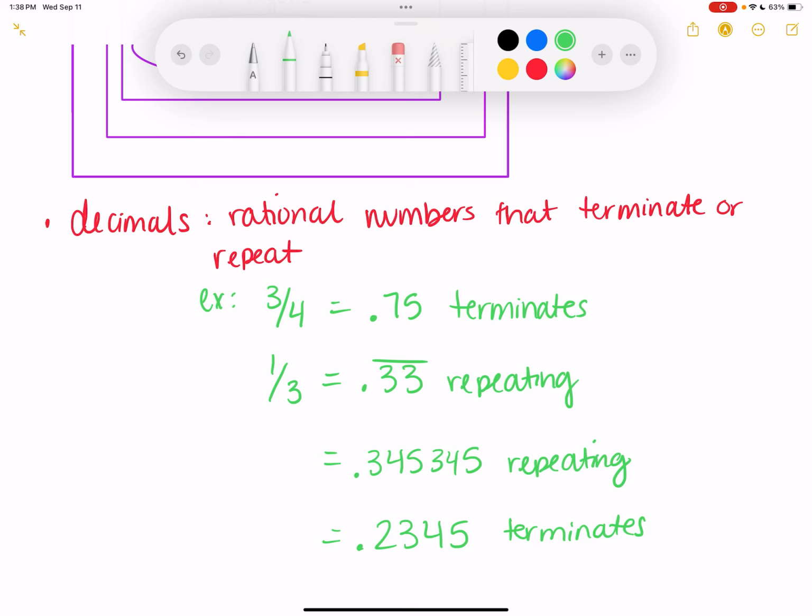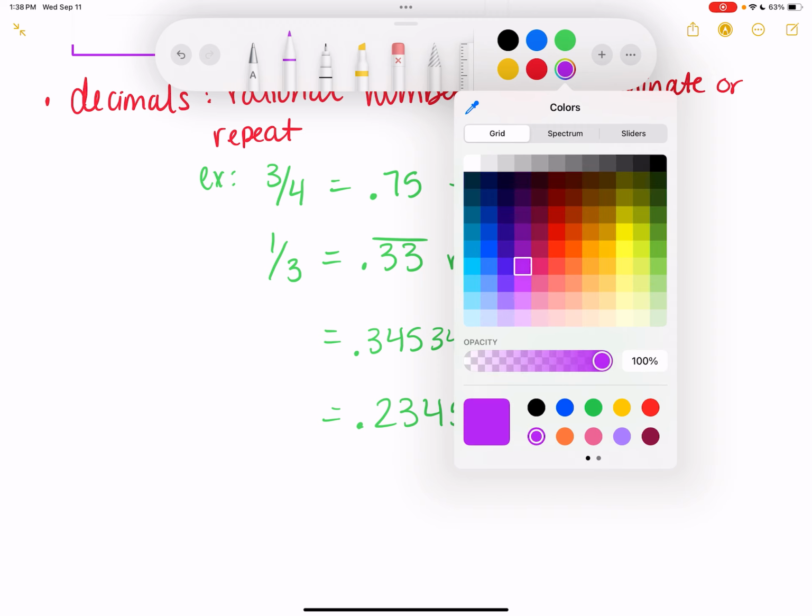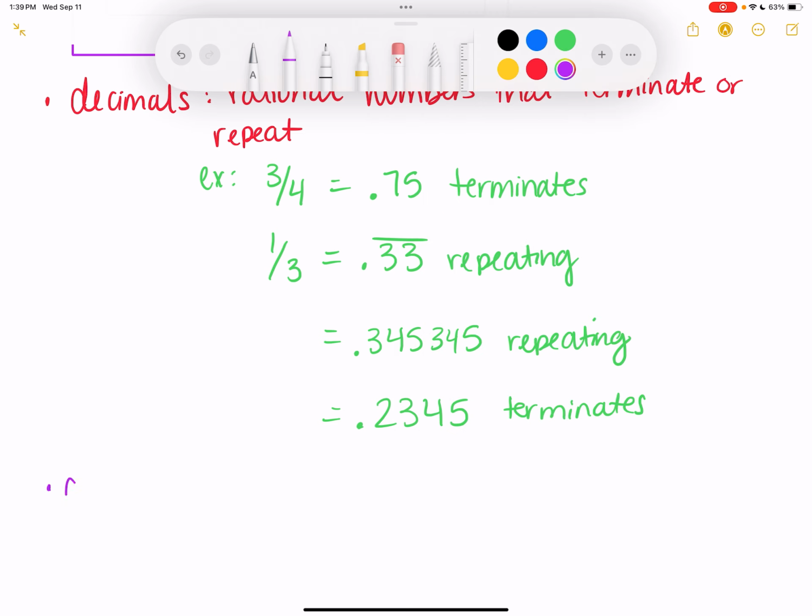What else? Absolute value. Absolute value indicates a distance from 0.